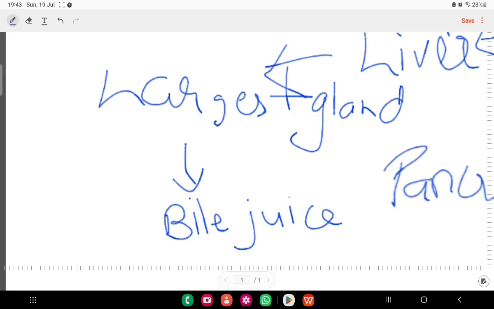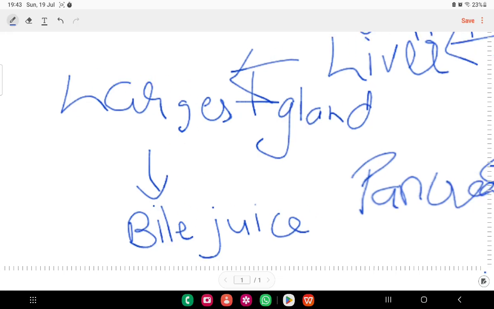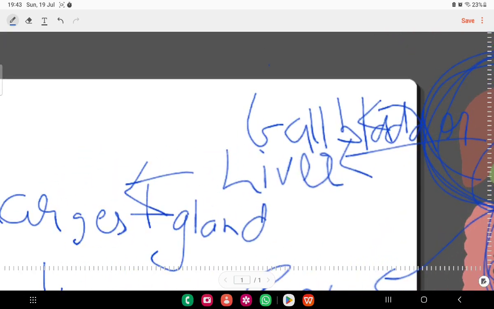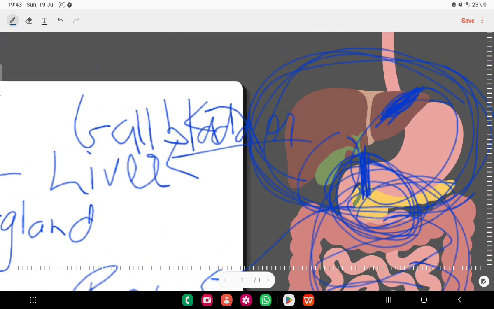So, bile juice is stored in the gallbladder. I mean, the liver produces bile juice and it is stored in the gallbladder, because obviously the food stays in the stomach for a long time.